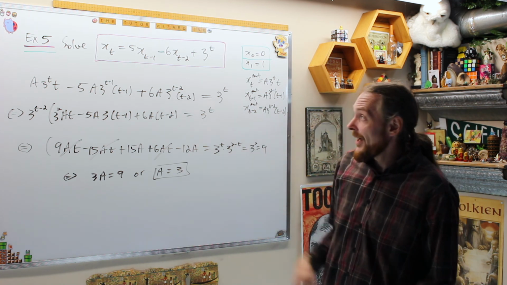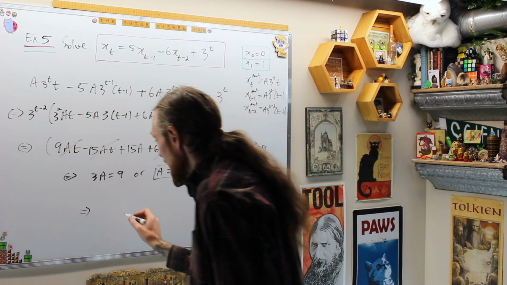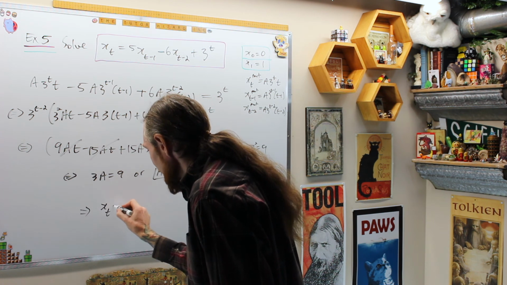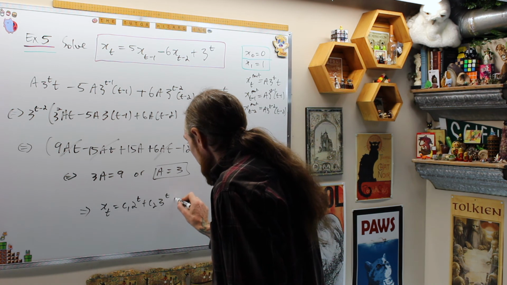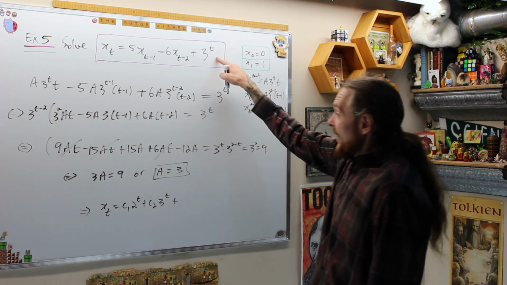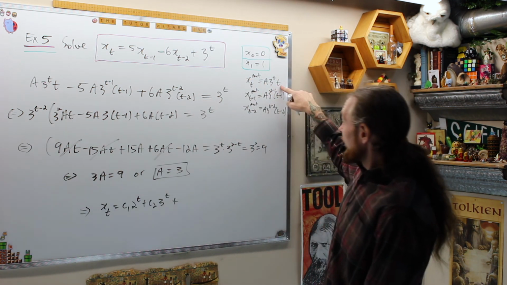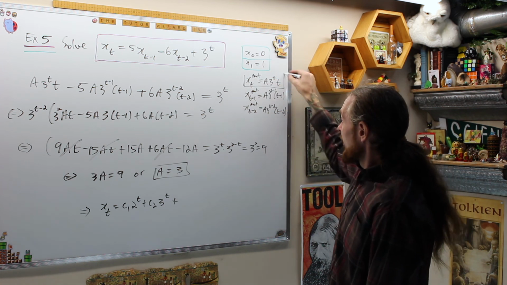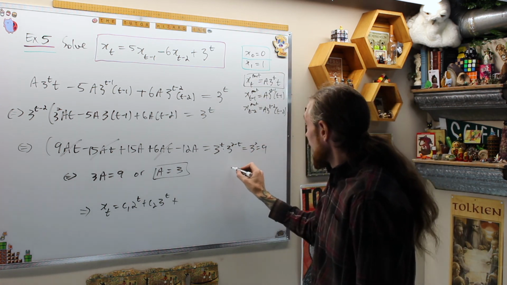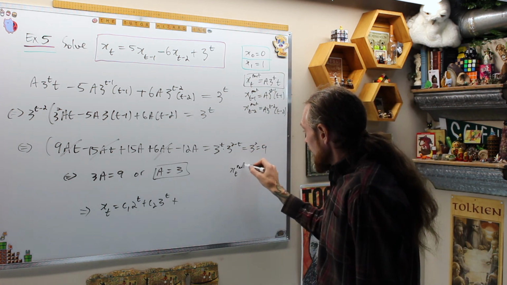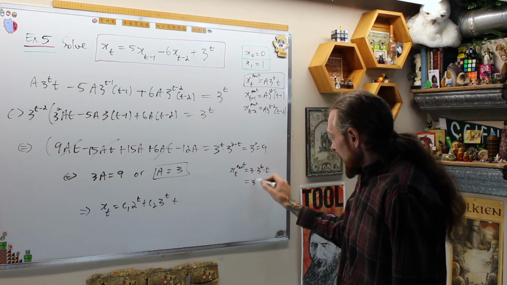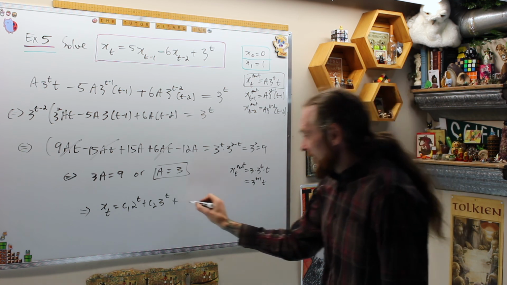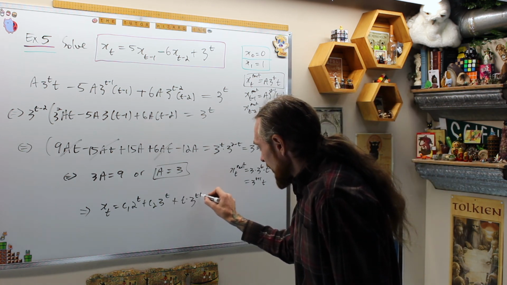What do I do with this a now? That tells me that the general solution was x_t equals c1·2^t plus c2·3^t plus, what was my a? My a was 3 in my particular solution. So my particular solution x_t is going to be 3 times 3^t times t, or 3^(t+1)·t.